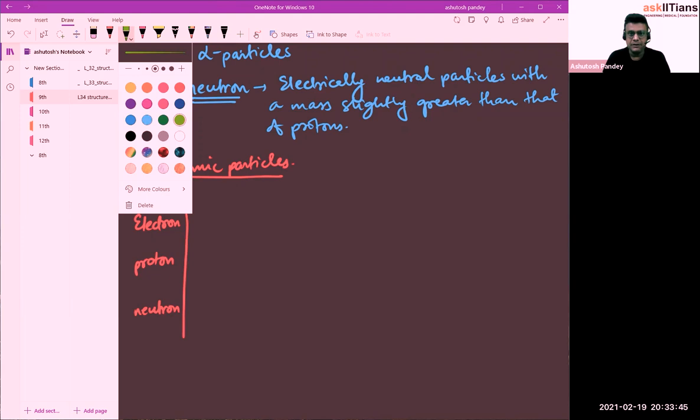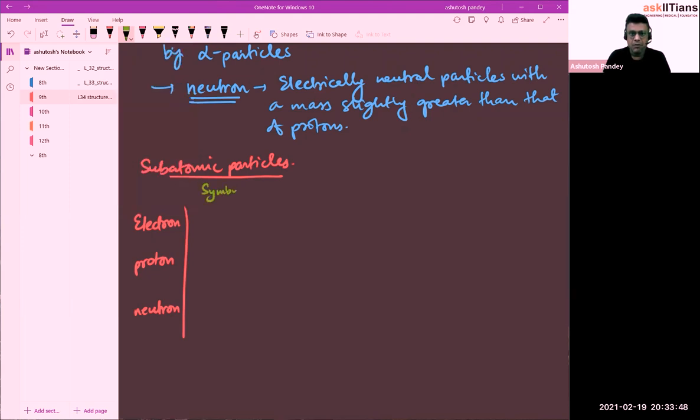The symbol is E for electron, P for proton, N for neutron. Then the absolute charge, the actual amount of charge they have. For the electron, we have minus 1.6 into 10 to the power minus 19 coulomb. For the proton, plus 1.6 into 10 to the power minus 19 coulombs. And for the neutron, zero charge.